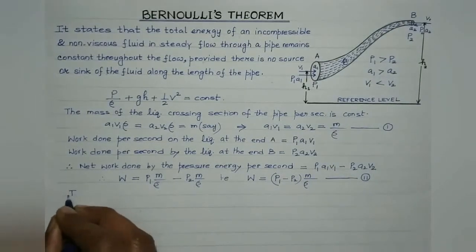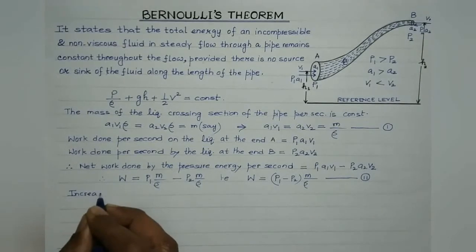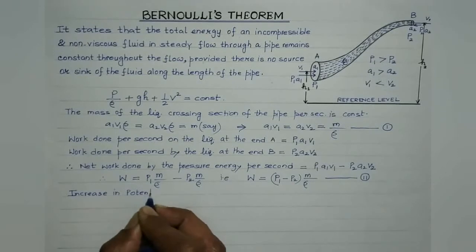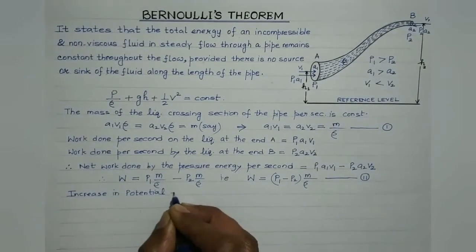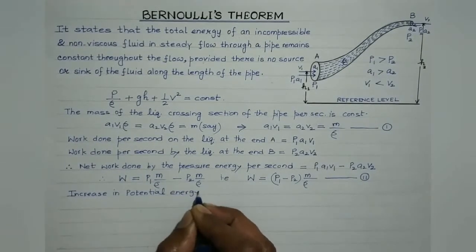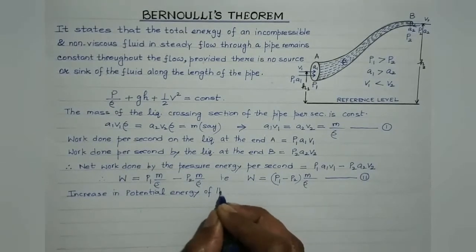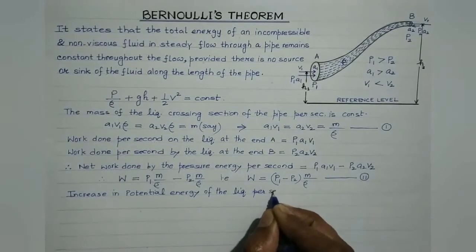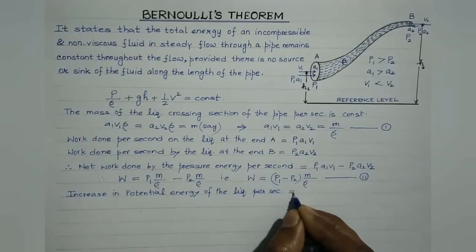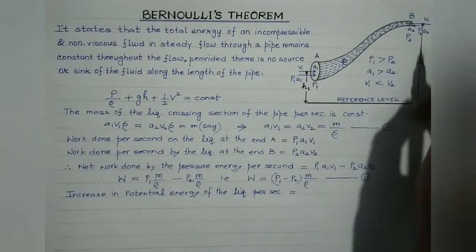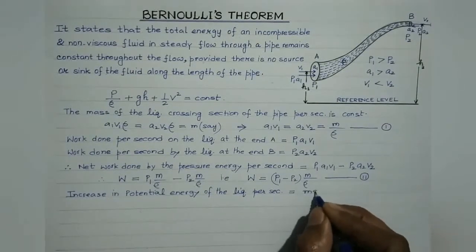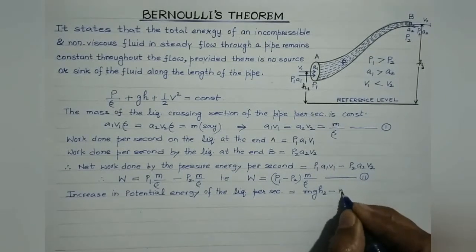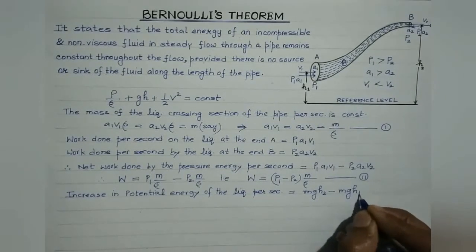So the increase in potential energy of the liquid per second would be equal to final potential energy mgh2 minus initial potential energy mgh1, right?